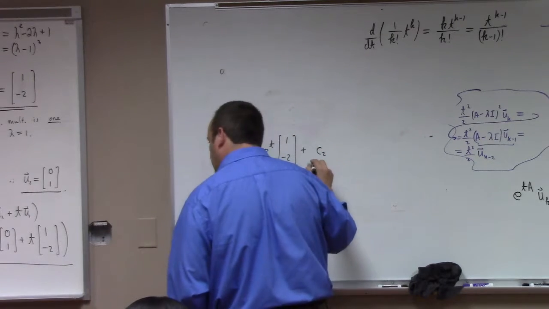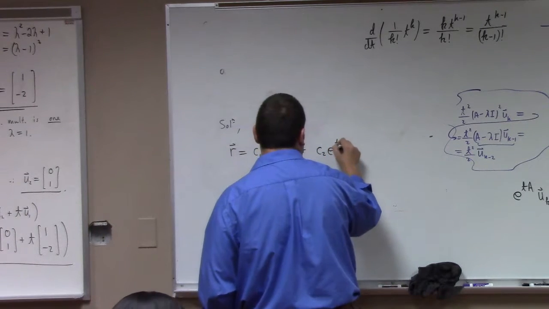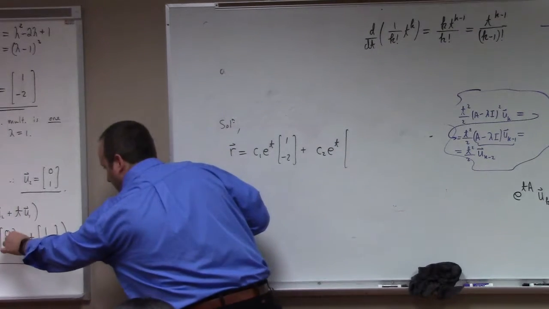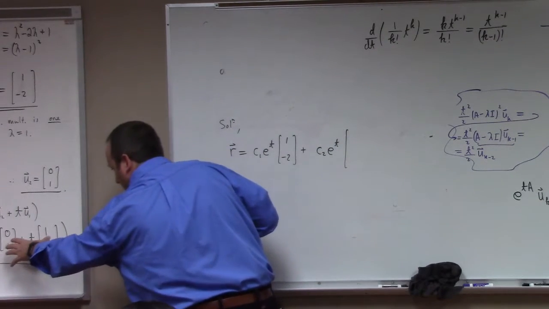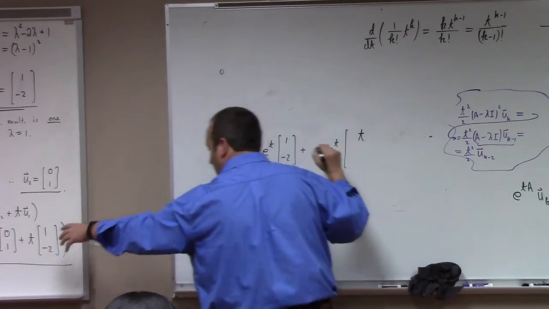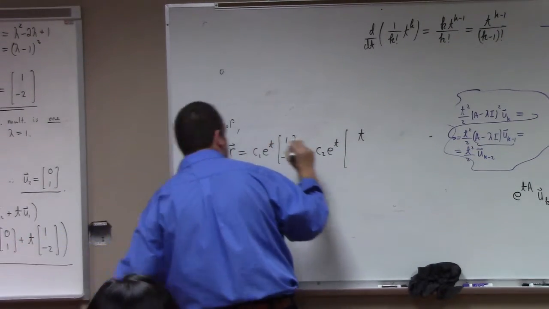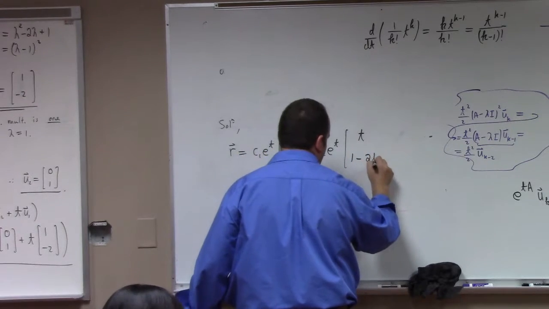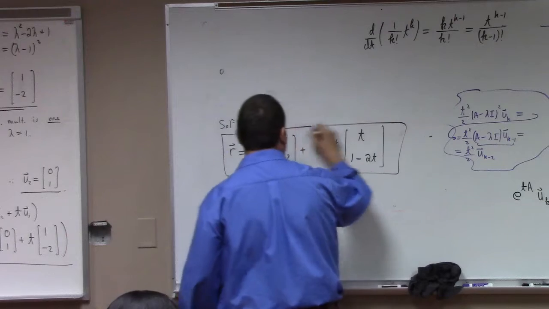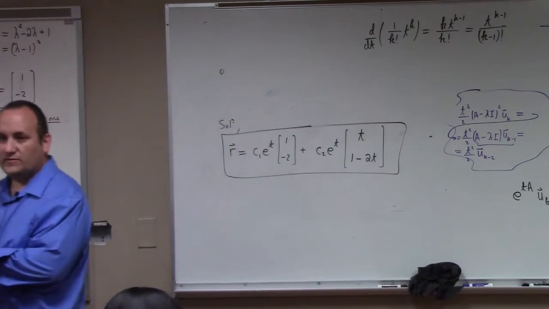And then I've got c2 e to the t times what? I could put this together, right? If I put the thing in big parentheses together, I've got for my first component a t, and in my second component, 1 minus 2t. And there you go. That's the general solution to this 2 by 2 problem.